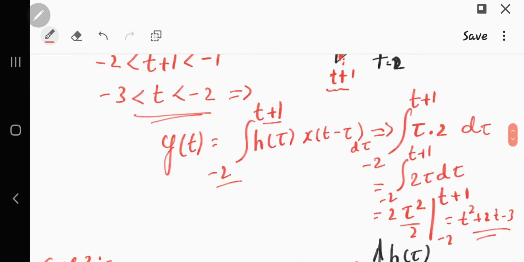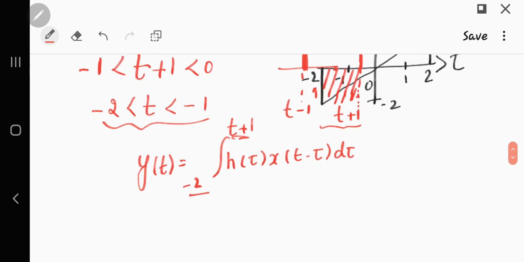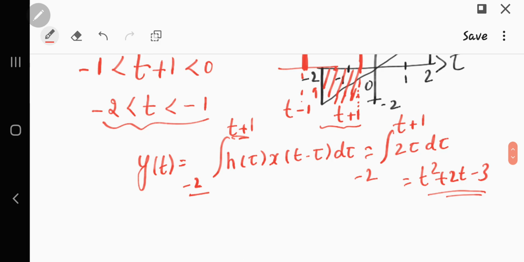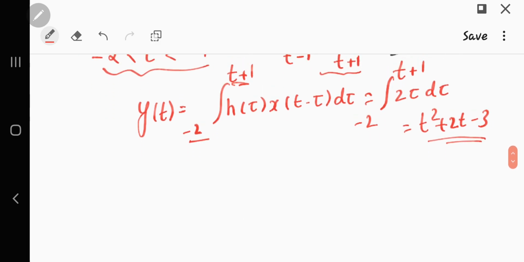So if you integrate and substitute the value, you will get the same output value for y of t here. So 2 tau d tau. If you integrate and apply the limit, you will get the same value, that is t square plus 2t minus 3. Okay. So if you want, you can eliminate this step by just simply mentioning that case, or if you want more clarification, you can keep that step as well.